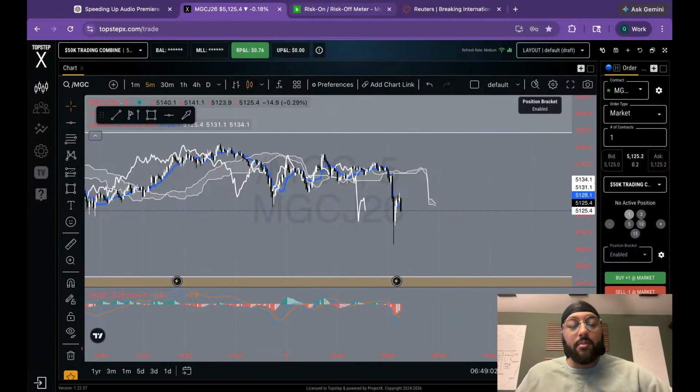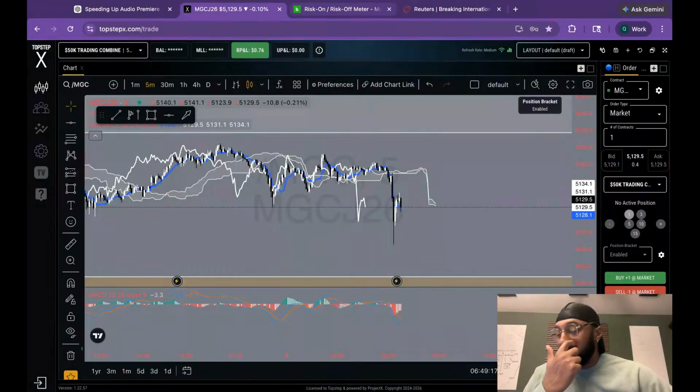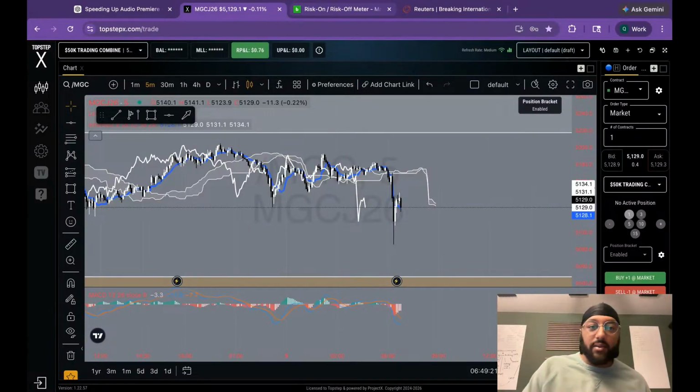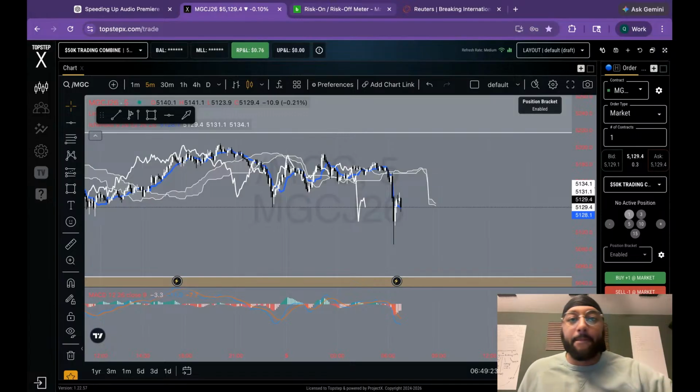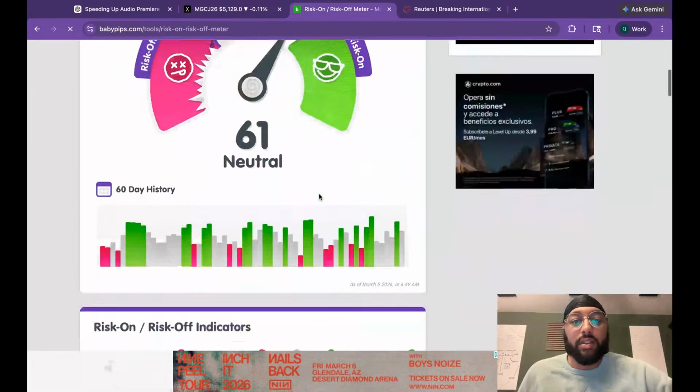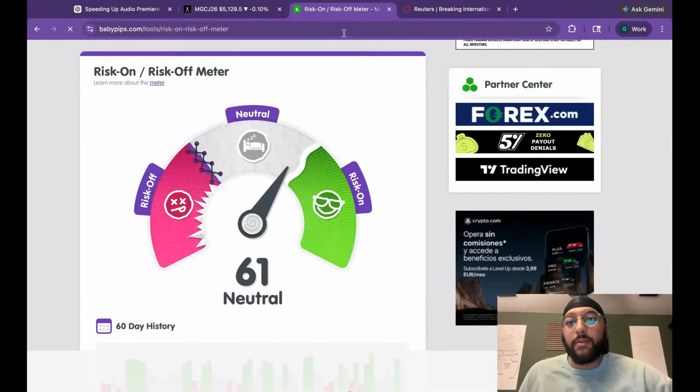Again, I'm using very vague language here because obviously there's trillions of dollars, billions of dollars, trillion, billion. There's a very big difference between those two. But there's a lot of money going through these markets. Again, it's just how the market's skewing. This is so good to read by this little risk on risk off meter.